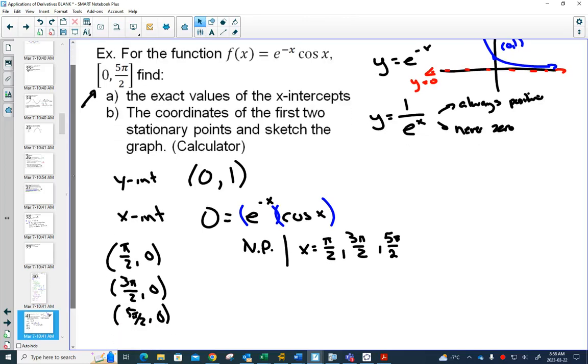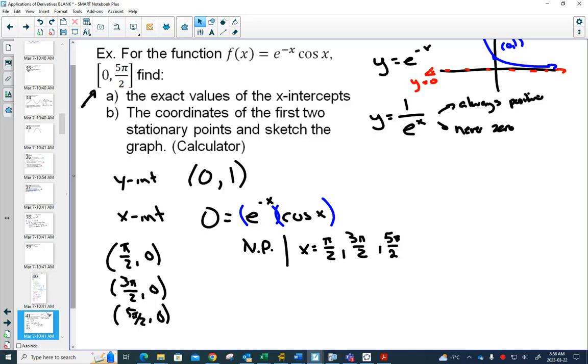So there's preliminaries. Does this graph have any asymptotes? That's a good question. Does it have any non-permissible values? No, right? Since this is never 0, you're never dividing by 0. We don't.